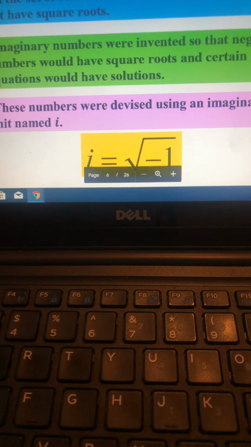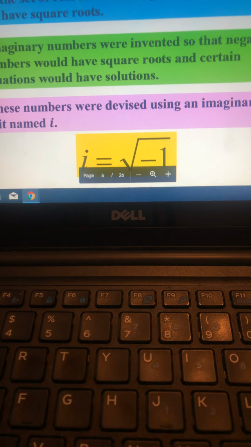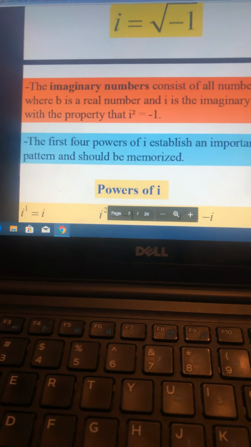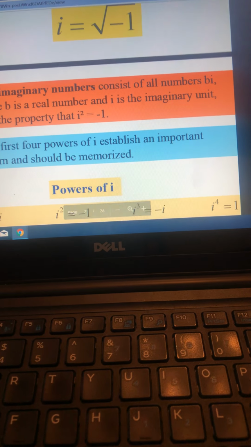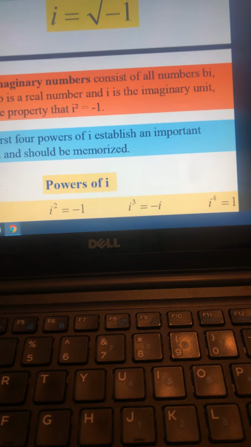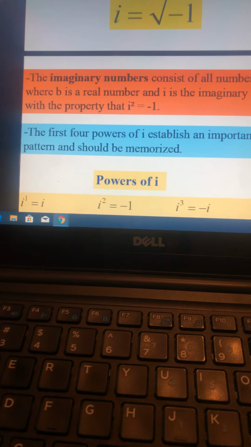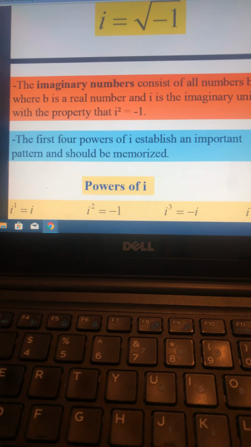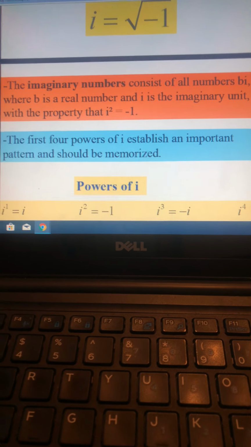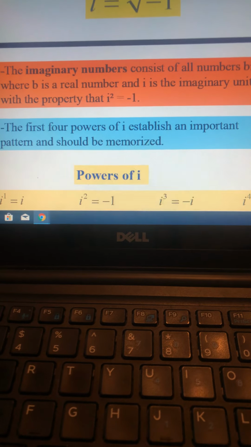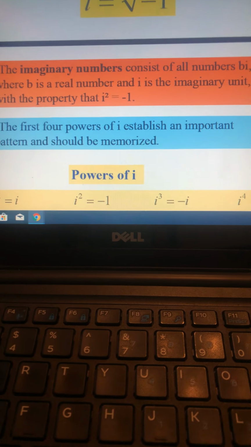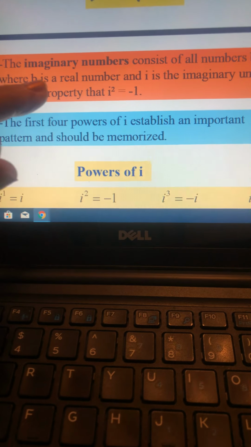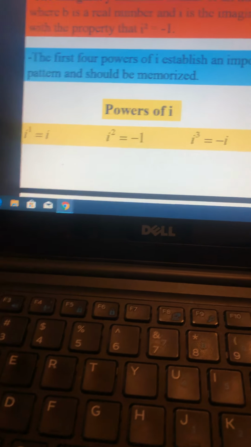So now we would say the square root of -1 is equal to i. The imaginary numbers consist of all numbers bi, where b is a real number and i is the imaginary unit, and i squared equals -1. The first 4 powers of i are established with an important pattern that we need to learn and recognize.